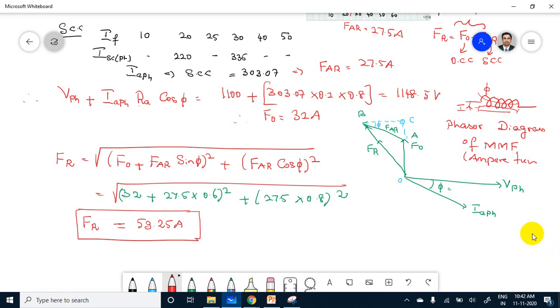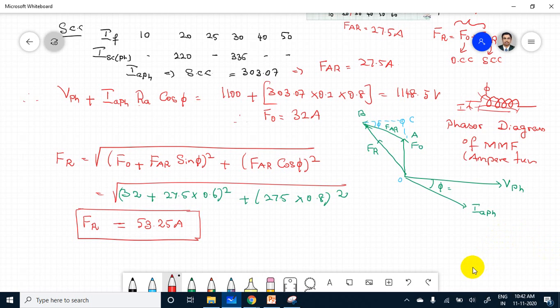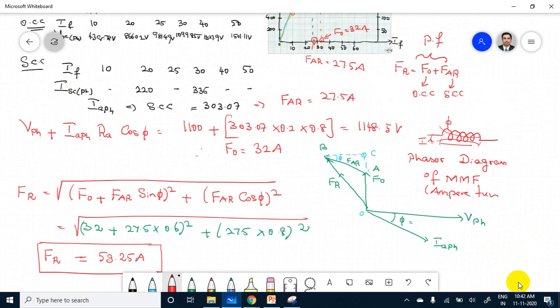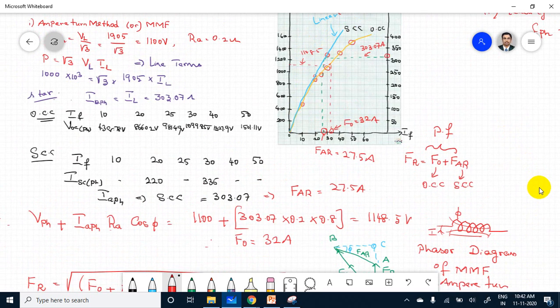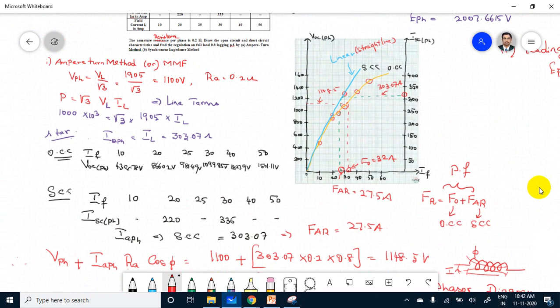Okay. Now plot this value in our graph sheet. Go to our graph, and this is the field current. This field current has to be measured in the field winding. It represents the field winding. Field means current IF.